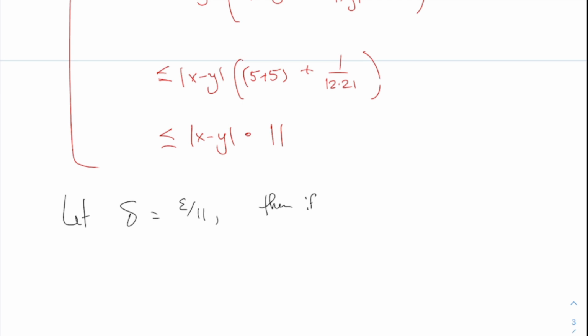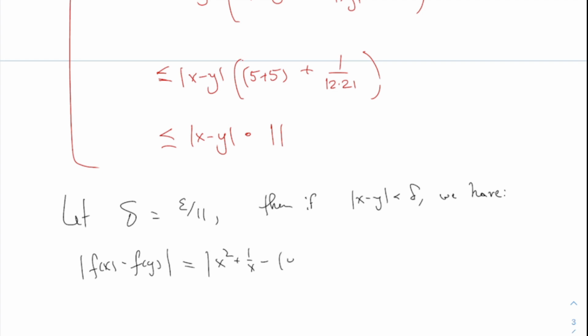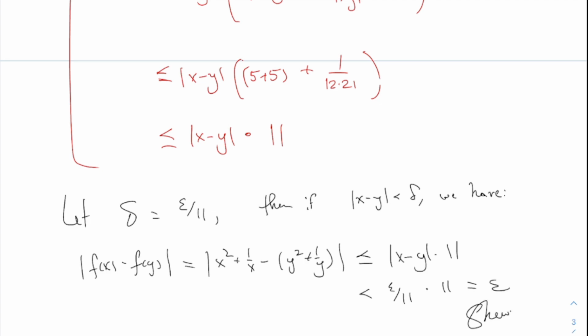Then if |x minus y| is less than delta, we have |f(x) minus f(y)| is |x squared plus 1 over x minus y squared plus 1 over y|. Skipping many, many steps, this is less than or equal to |x minus y| times 11. And that is less than epsilon over 11 times 11, which is epsilon. That's that.